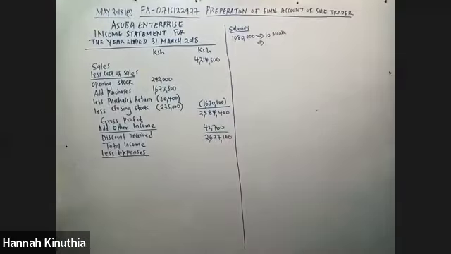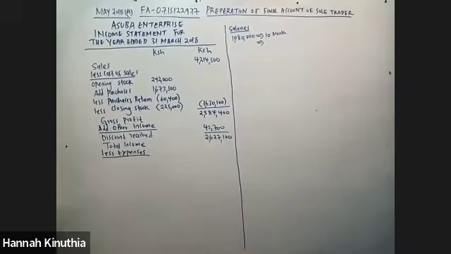Now, I want to ask you a question. How much are we supposed to pay for 10 months, or for how many months are we supposed to pay when we are preparing this financial statement? Yes, 12 months. We have paid for how many months? For 10.